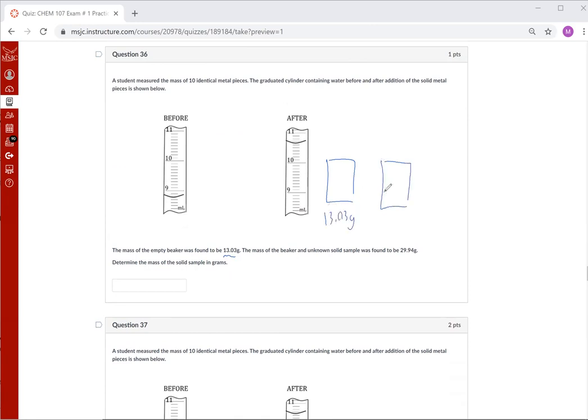The mass of our beaker plus our solid was found to be 29.94 grams. We can figure out the mass of our solid by difference. We take the mass of our solid and our beaker and subtract the mass of our empty beaker. That gives us 16.91 grams.